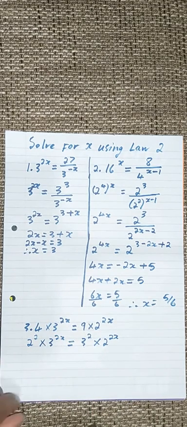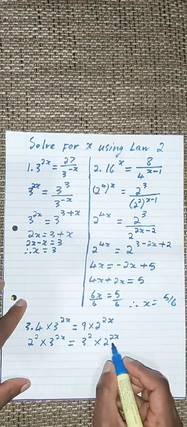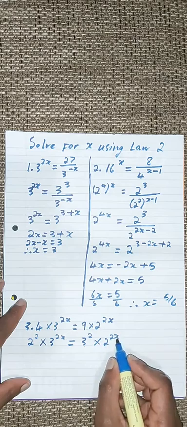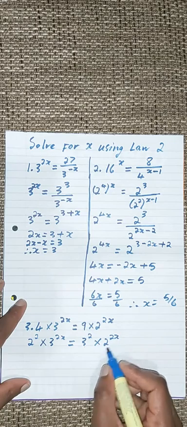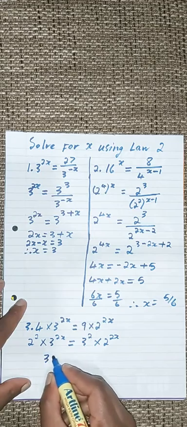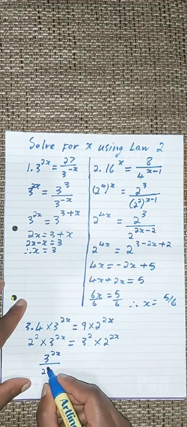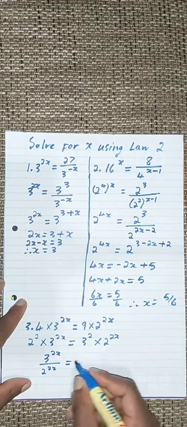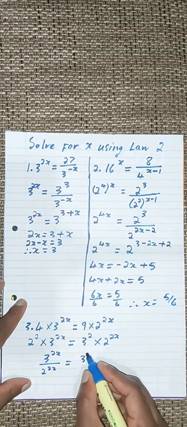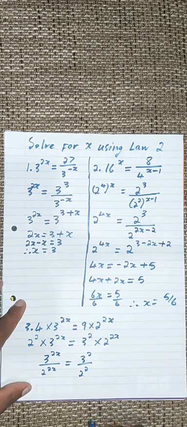So what we will have is that this particular power will be divided with this one. So what we will have is 3 to the power of 2x divided by 2 to the power of 2x is equal to 3 to the power of 2 divided by 2 to the power of 2, right?